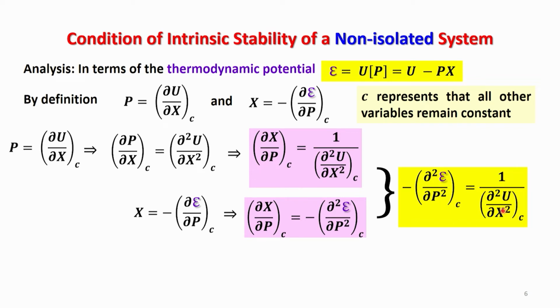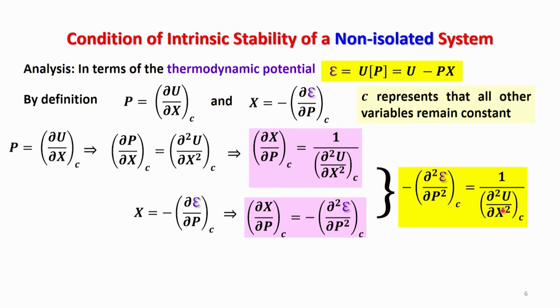So, what is the conclusion that you draw from this mathematical expression? I know that U has as one of its extensive variables the quantity x, and therefore ∂²U/∂x² is going to be convex, which means that this is going to be positive.